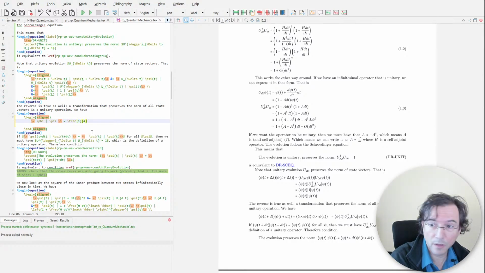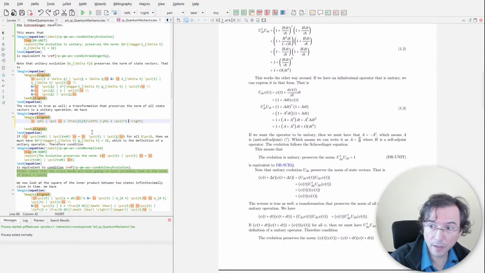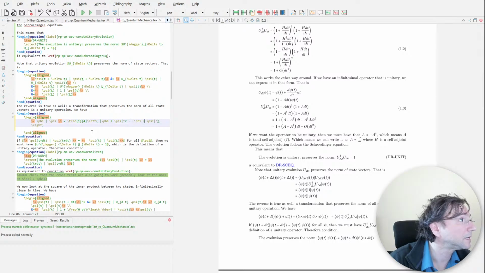1/4 the norm of phi plus psi squared, minus the norm of the difference, minus i times the norm of phi plus i psi, and I put a minus i.